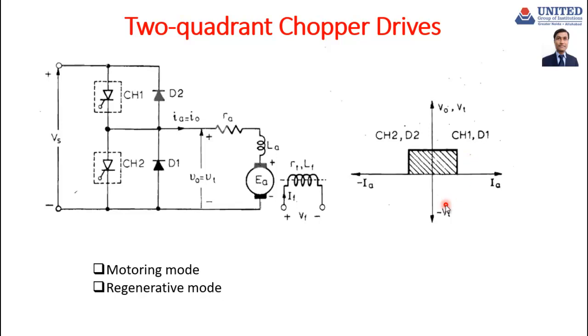During regenerative braking, the DC to DC converter fed DC drive operates in second quadrant where the armature voltage is positive but the armature current is negative.